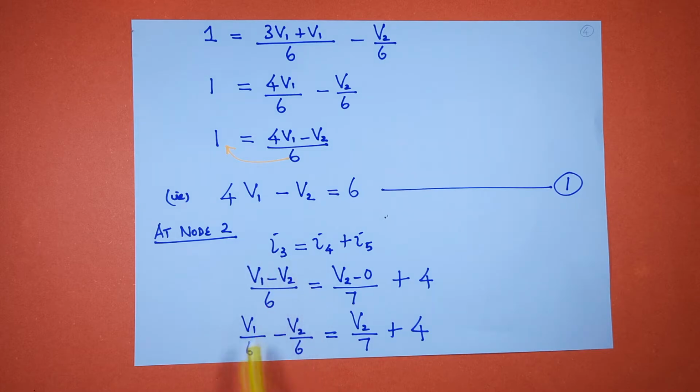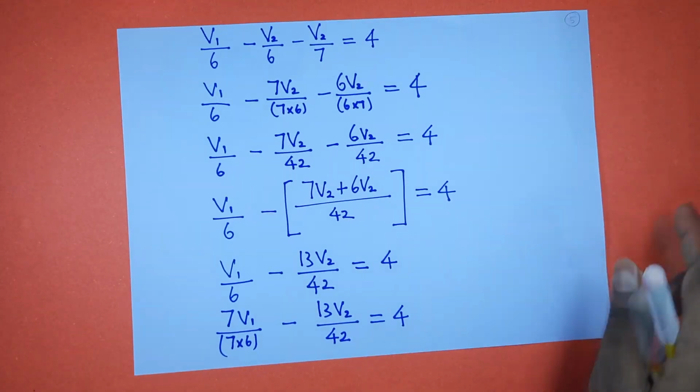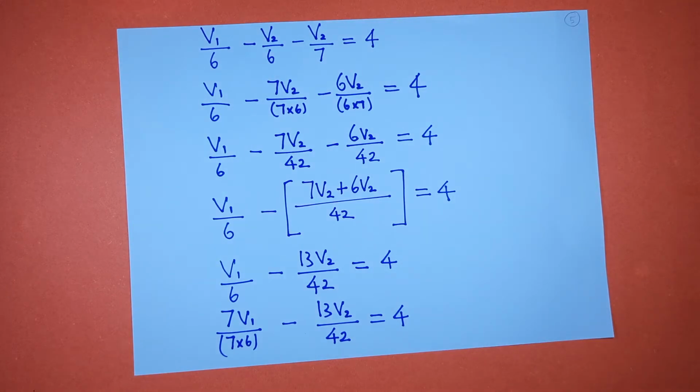So you separate this, V1 divided by 6 minus V2 divided by 6 equal to V2 divided by 7 plus 4. So we further go for simplification. V1 divided by 6 minus V2 divided by 6 minus V2 divided by 7 equal to 4.